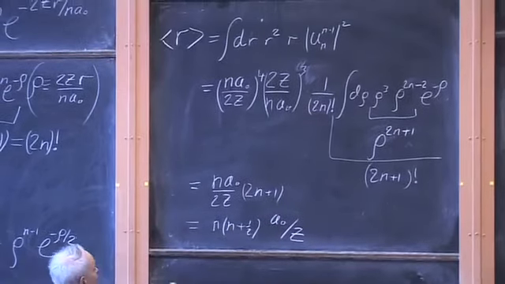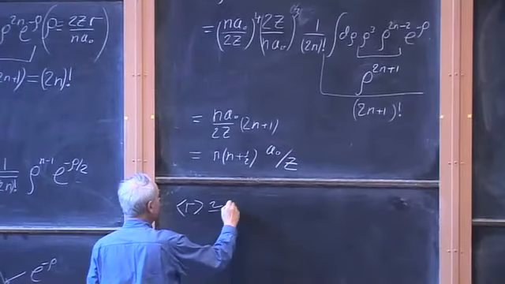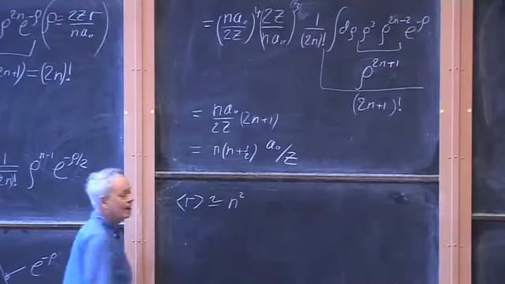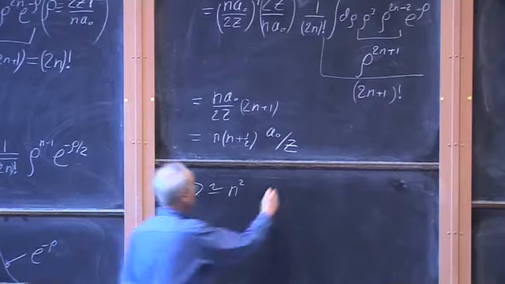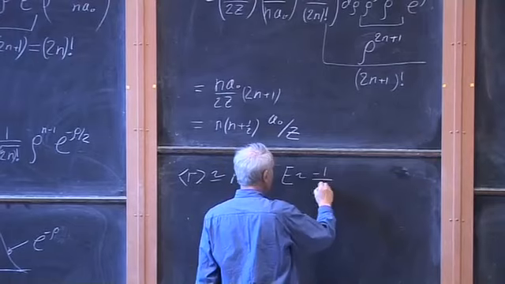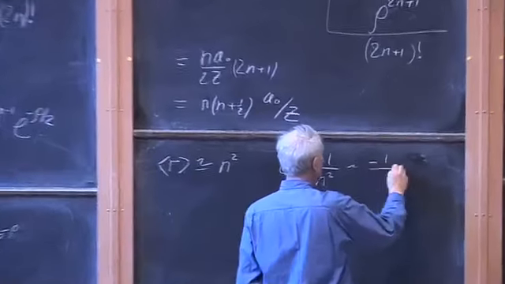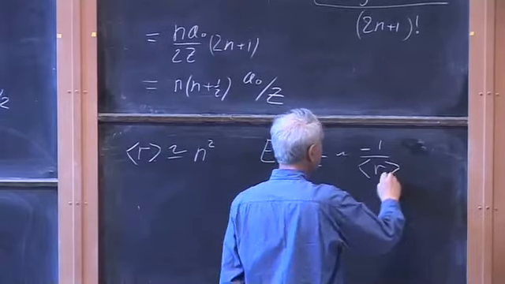So the interesting fact here is that the expectation value of r is going like n squared, and that's exactly what we expect, because E, remember, goes like minus 1 over n squared. So therefore, it's going like minus 1 over expectation value of r.